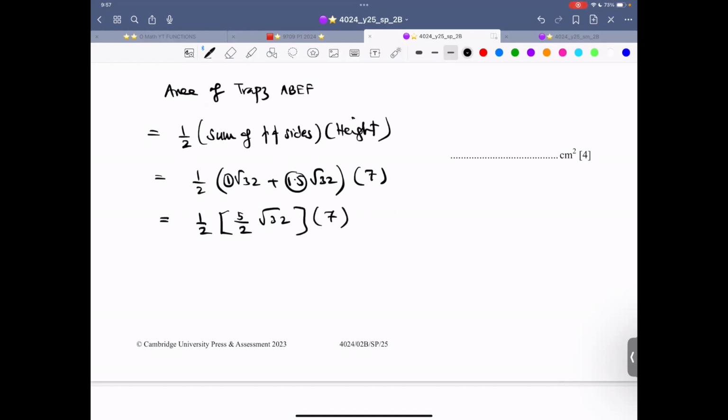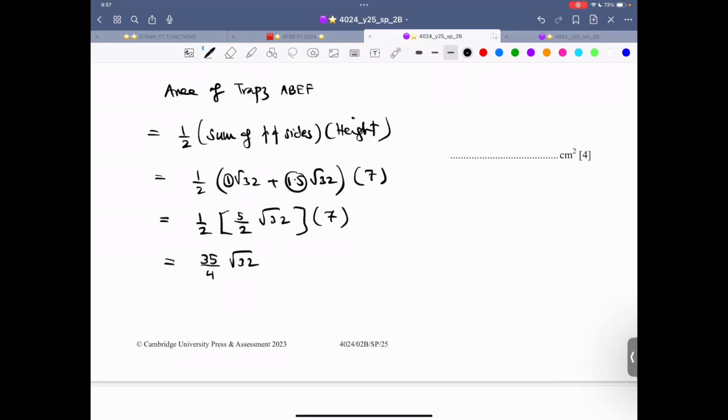Into 7. Now at this point, use a calculator. So 5 into 7, that is 35. So this is 35 over 4 root 32. So let me use my calculator. That is 32, the square root. Got this answer.